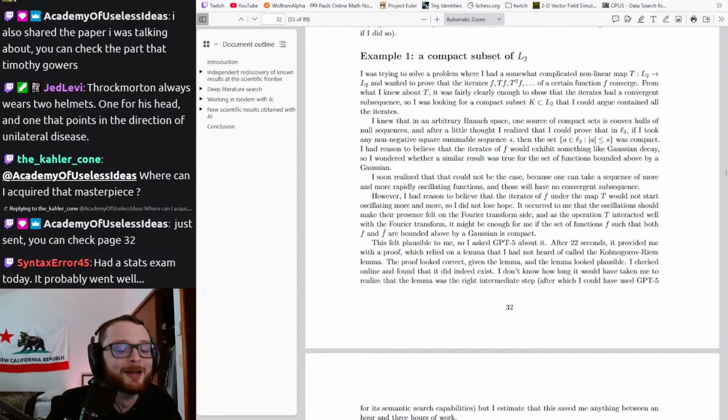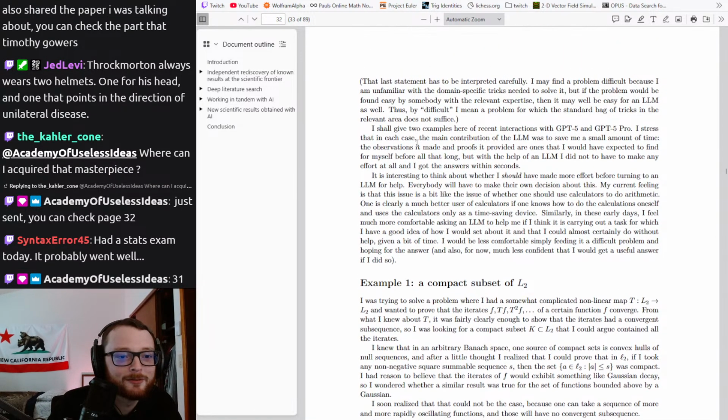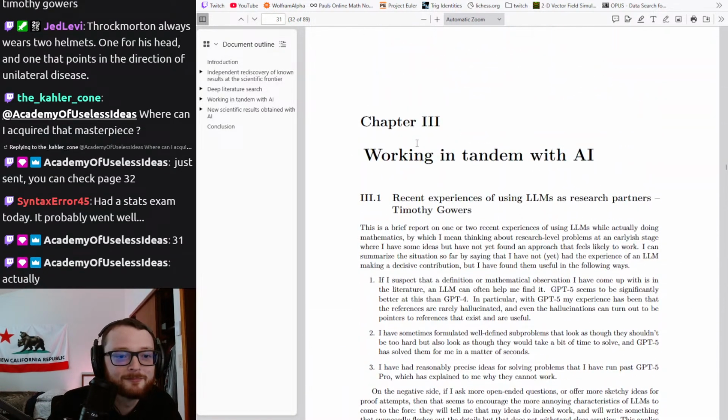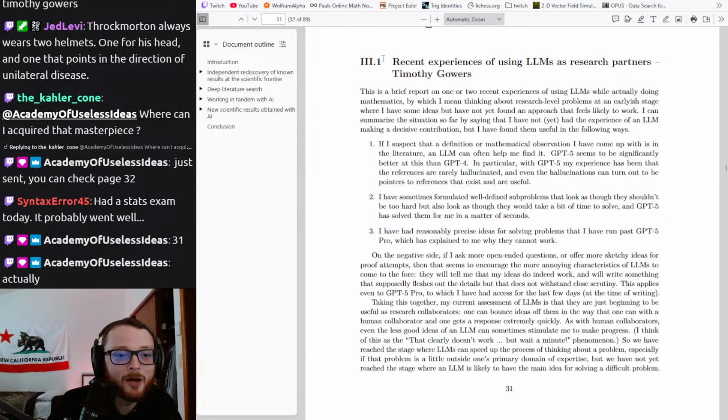Syntax, it probably... Haha, I get it. I hope your expected value is 100. Or 1, maybe, depending on how you're measuring it. Oh, the Timothy Gowers thing.